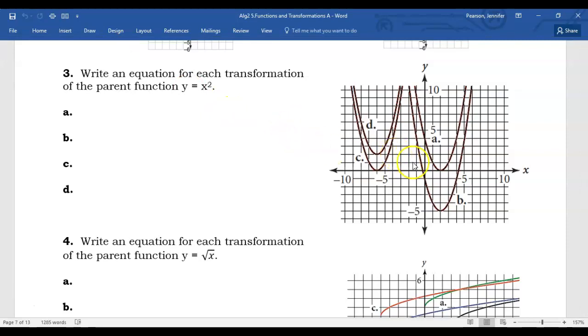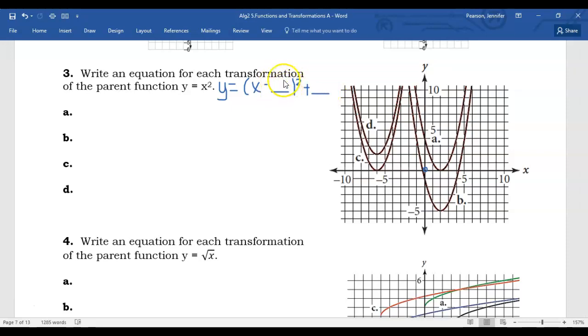So we have this point here, our 0, 0 point, and we're talking about how far each of these graphs have moved from that starting point. So all of our equations are going to be in the same format. I'm going to try to write this here. Y equals x minus something, power of 2, plus something.